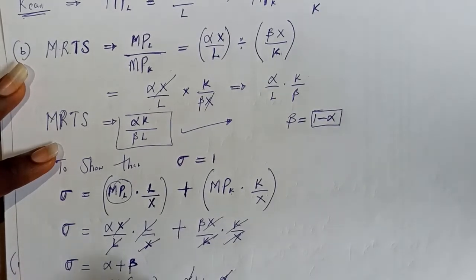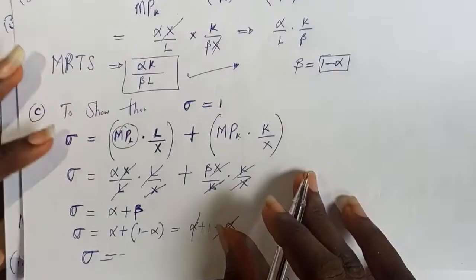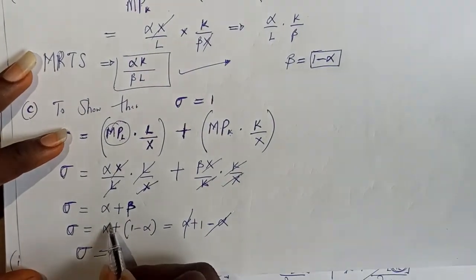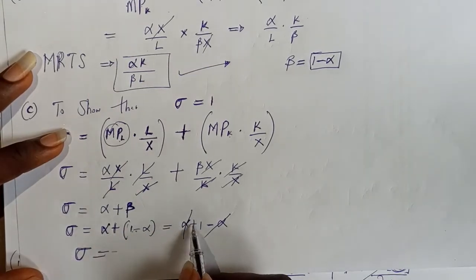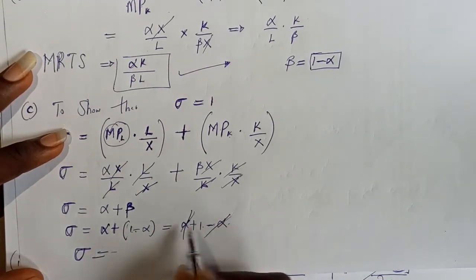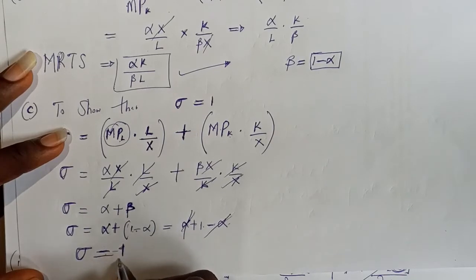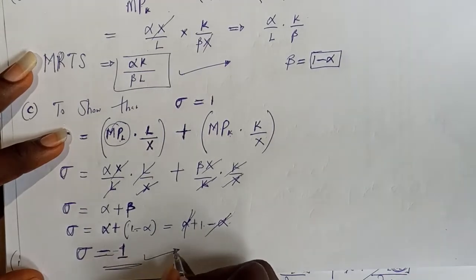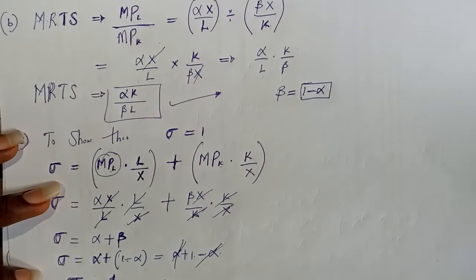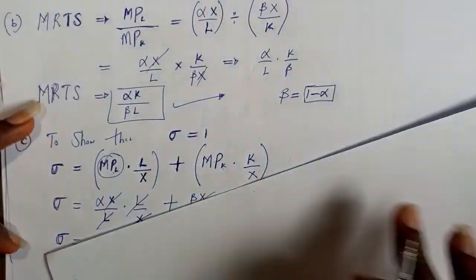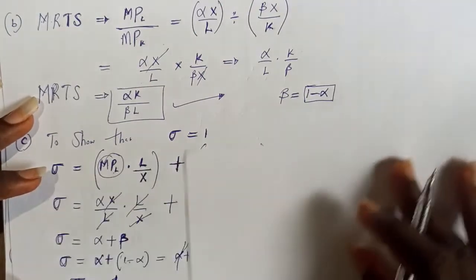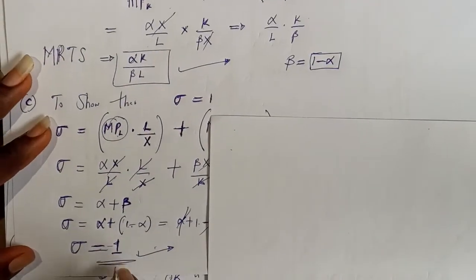By the time I add it up, I have alpha plus 1 minus alpha. This cancels this, hence sigma is equal to 1. But if you are still not okay with this solution, then we can decide to recall. As you can see, sigma is equal to 1 trivially.